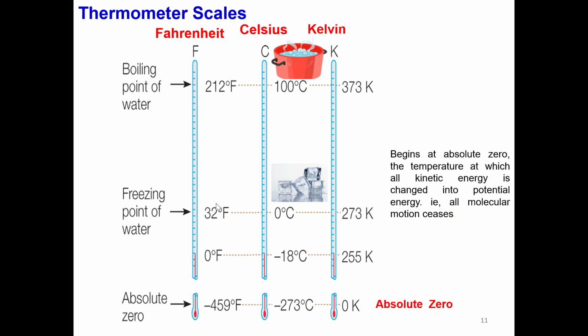This is why, when we convert between Fahrenheit and Celsius or Fahrenheit and Kelvin, we will have some fraction in the equation. But if we convert Celsius to Kelvin or Kelvin to Celsius, we don't have a fraction, because we have 100 divisions between these two points.